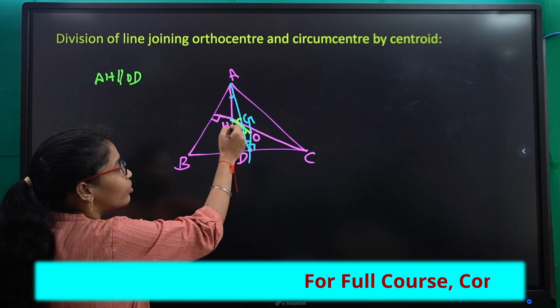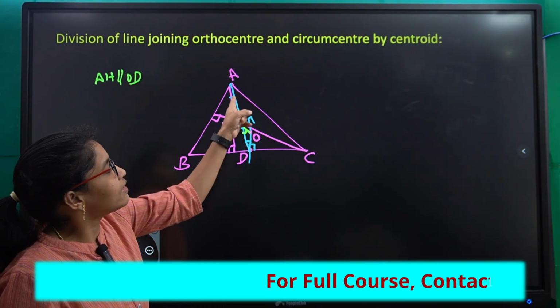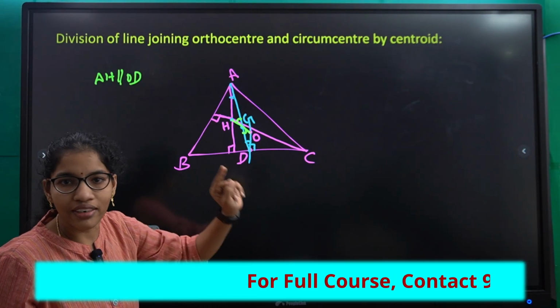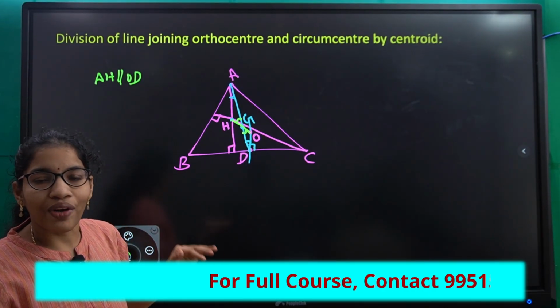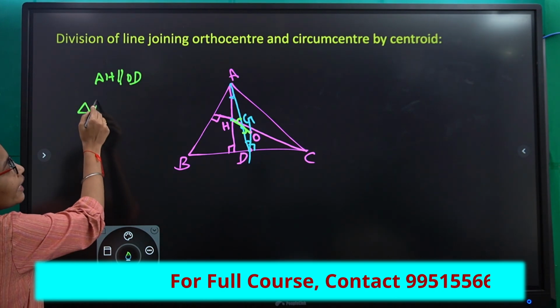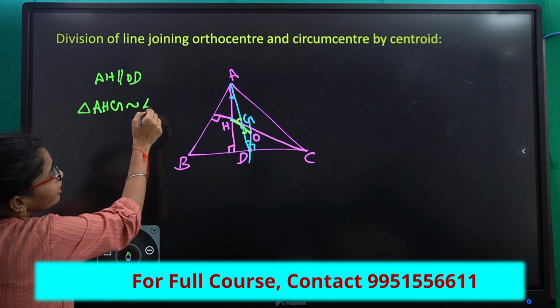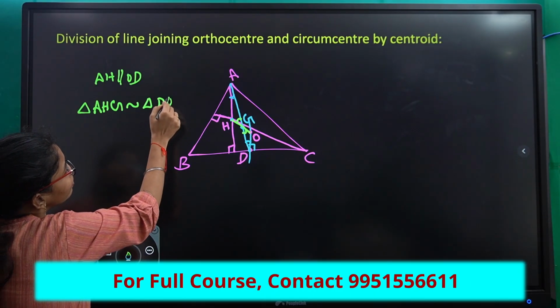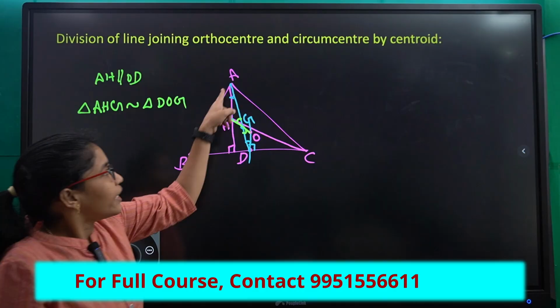If you take AD as a transversal, then alternate interior angles are equal and the vertically opposite angles are equal. So from the angle similarity, I can say that triangle AHG is similar to triangle DOZ. Is it correct or not?